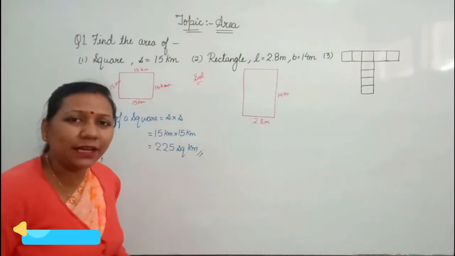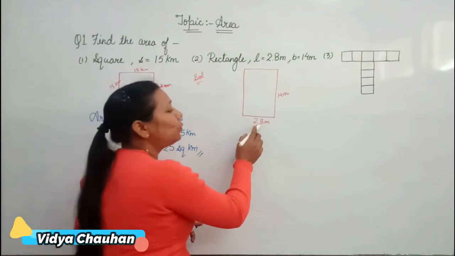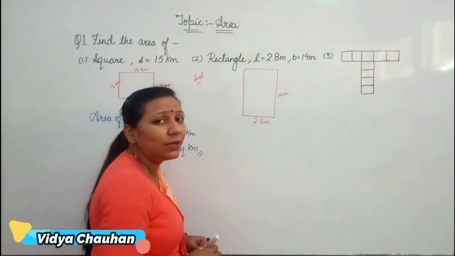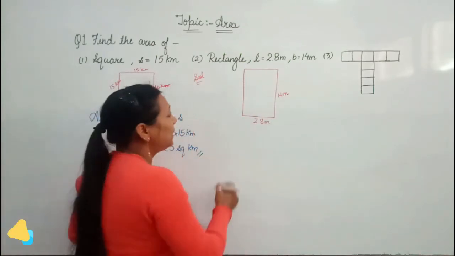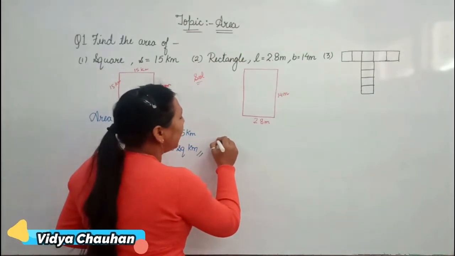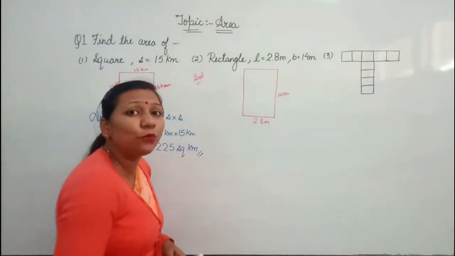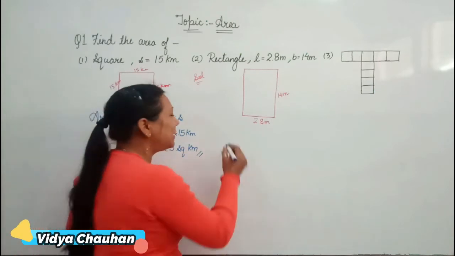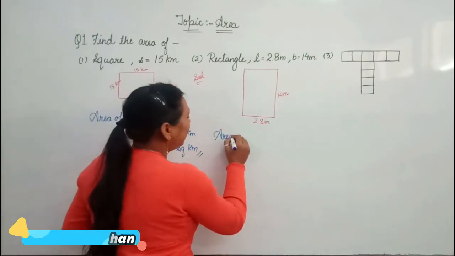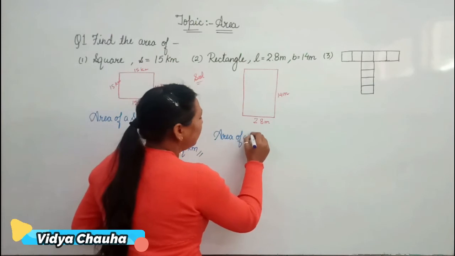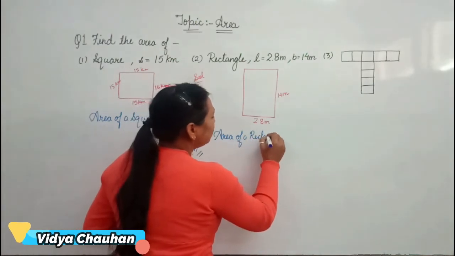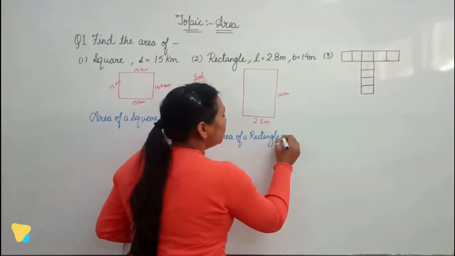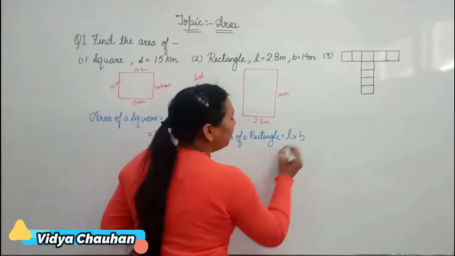So this is our rectangle with length and breadth 2.8 meter and 14 meter simultaneously. Now it's time to calculate its area. What is the formula for area of a rectangle? Yes, area of a rectangle is equals to length into breadth.